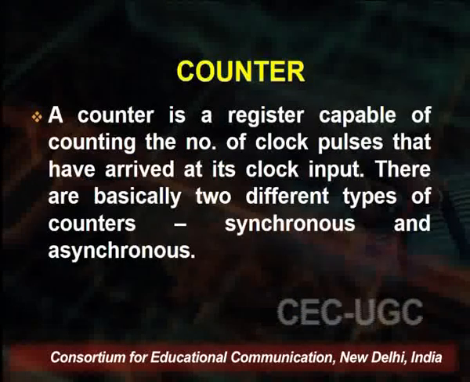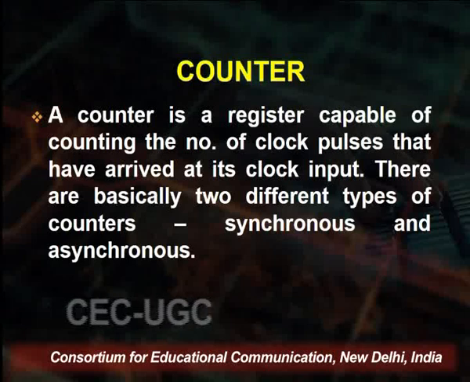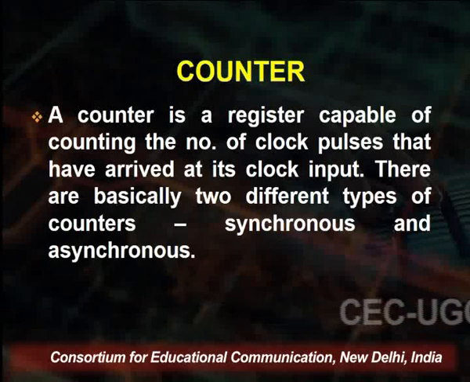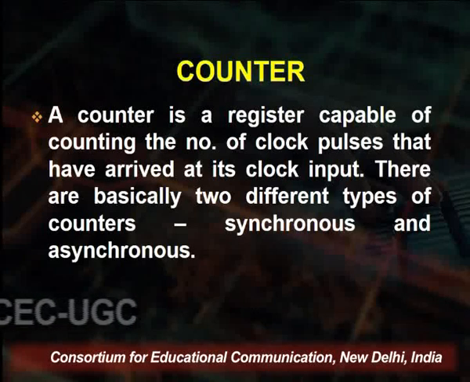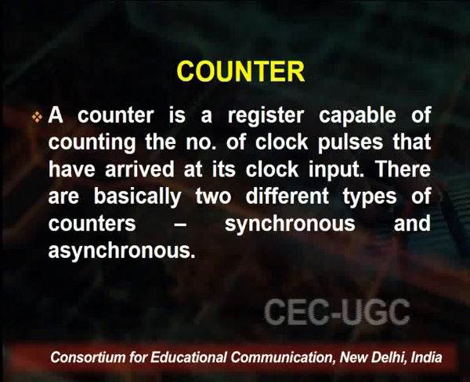So counters are shift registers that are capable of counting the number of clock pulses that have arrived at their clock input. There are factually 2 different types of counters: synchronous and asynchronous.